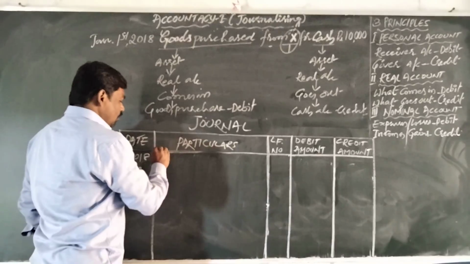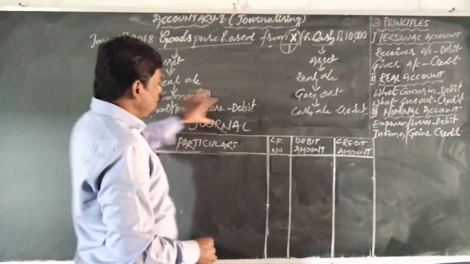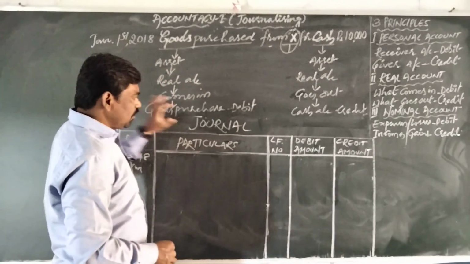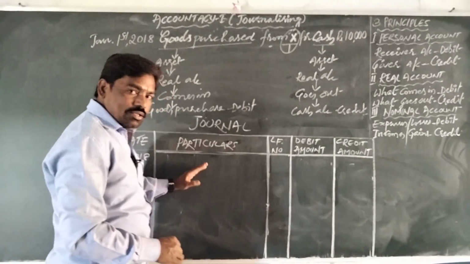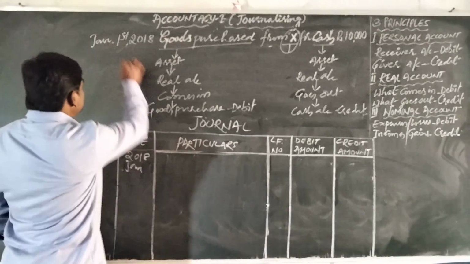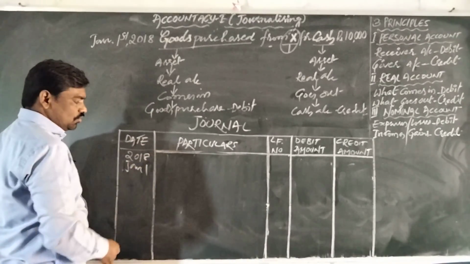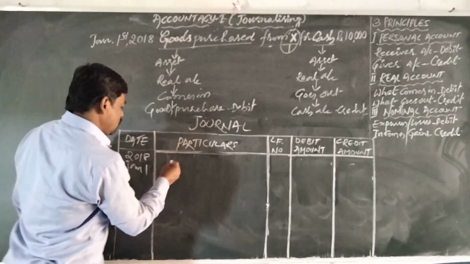journal. So remember one thing, this process should be completed in your mind. After finding the debit account and credit account, only then can you write the entry in the journal. See, January 1st 2018, in the date column you write. And here you see which account is debit: goods purchase account.